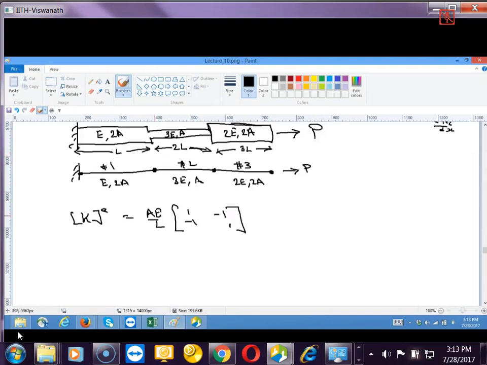But in the first case, for the K of the first element, my A is 2 times A. My E is, let me write it again neatly. For element 1, A is defined as 2A, E is defined as E, L is defined as L itself.